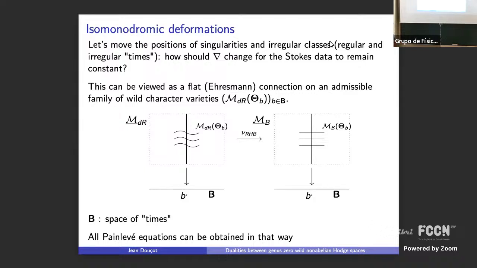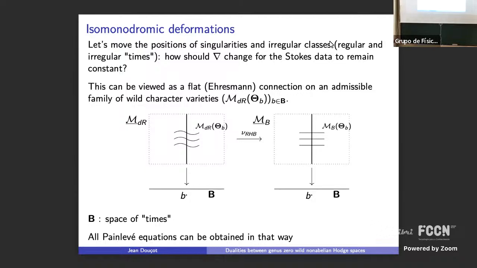Here, for each point of the base space, you have several singularities. At the regular ones, you can introduce the formal normal form. I suspect that you take for granted the dependence of the formal normal form on the base when you deform. Yeah, on the base.